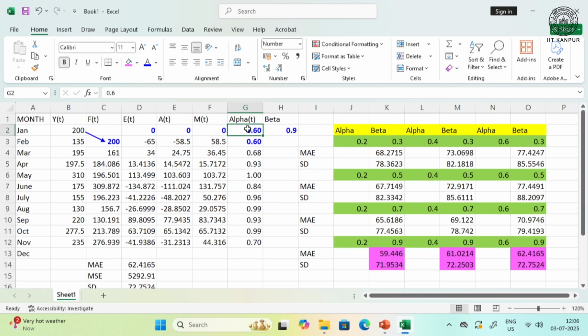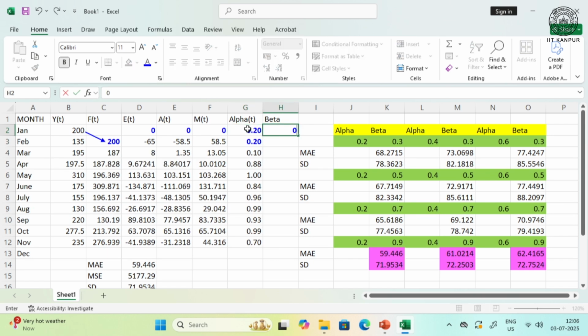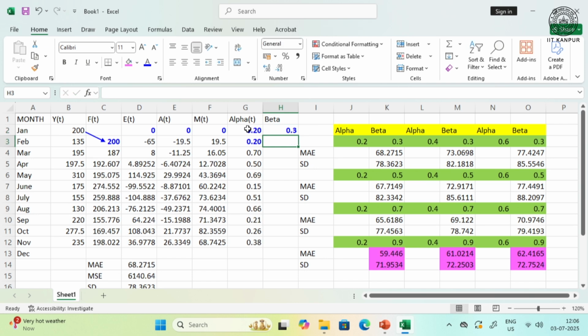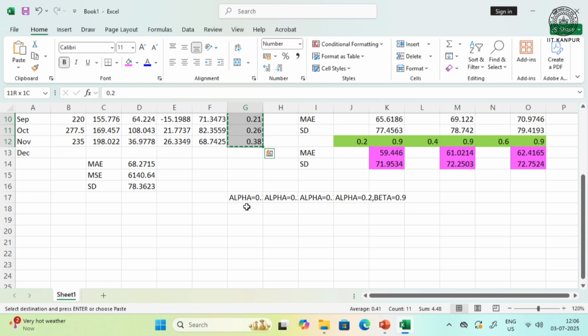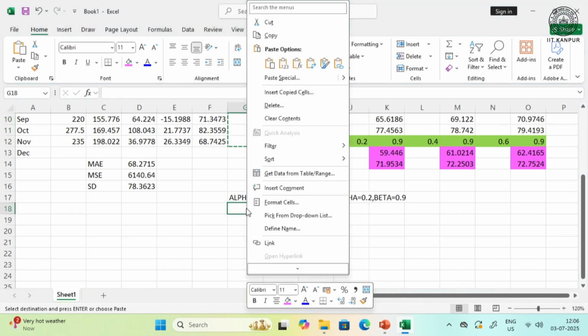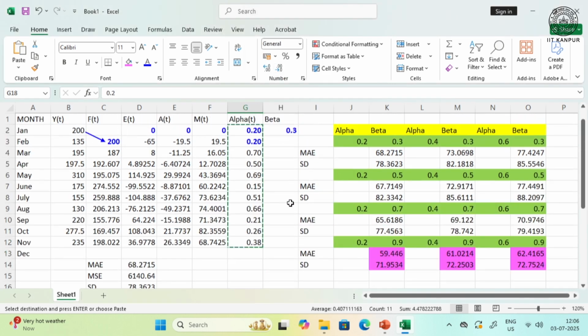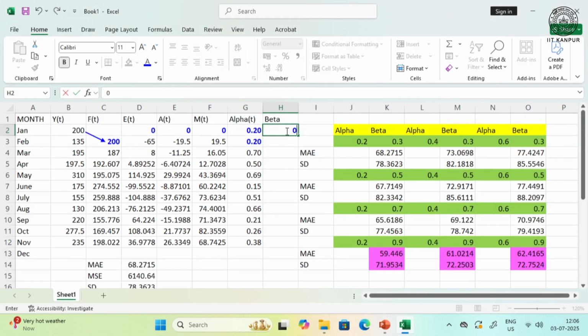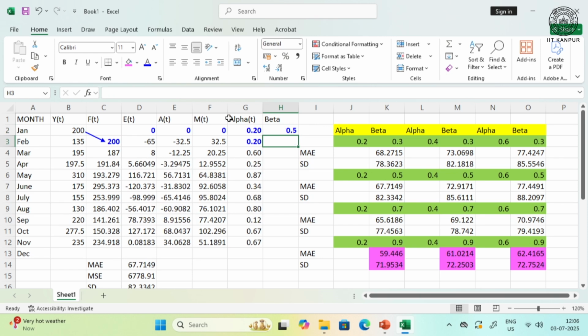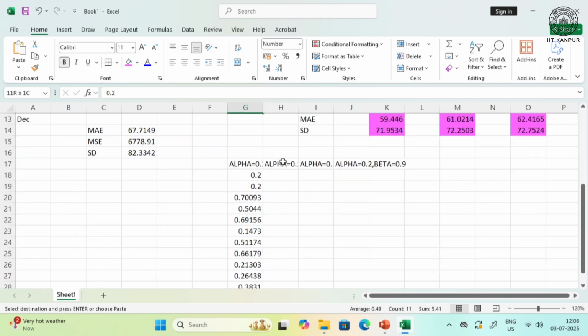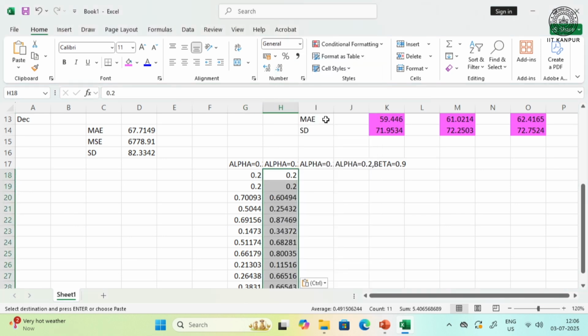Let me again take 0.2 alpha and 0.3 for beta. I copy all these values for alpha 0.2 starting. I paste it. Then I change it to 0.5. I have these graphs or values. I have not drawn the graph.